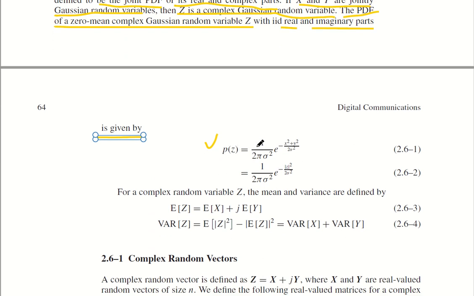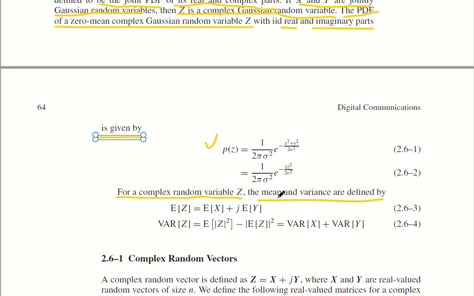P of z equals 1 over 2 pi sigma squared, exponent minus x squared plus y squared divided by 2 sigma squared. So it's in fact 1 over 2 pi sigma squared, exponent minus the magnitude of z squared over 2 sigma squared. That is for a complex random variable.